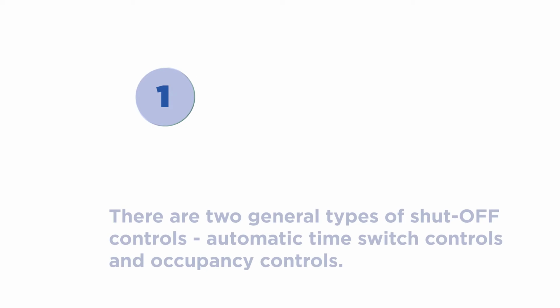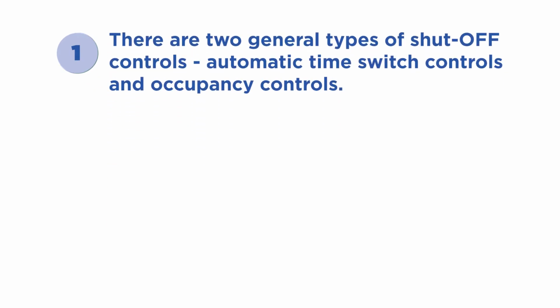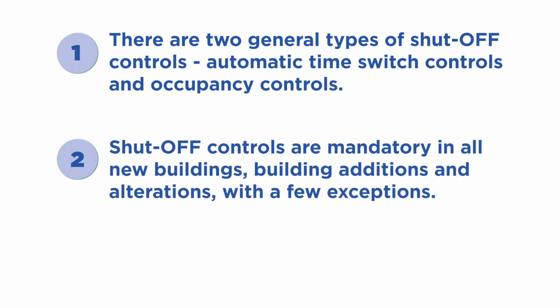Before we end this module, let's review what we've learned. We've learned that there are two general types of shutoff controls: automatic time switch controls and occupancy controls. Shutoff controls are mandatory in all new buildings, building additions, and alterations, with a few exceptions. Occupancy sensors are required in several types of spaces.